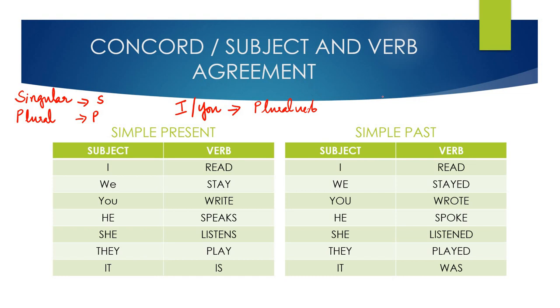So when a sentence starts with I or you, it should always be followed by a plural. And there is an exception. There are sentences that start with he, she, they, we, it, etc. So there, how we do the subject-verb agreement. Remember that.